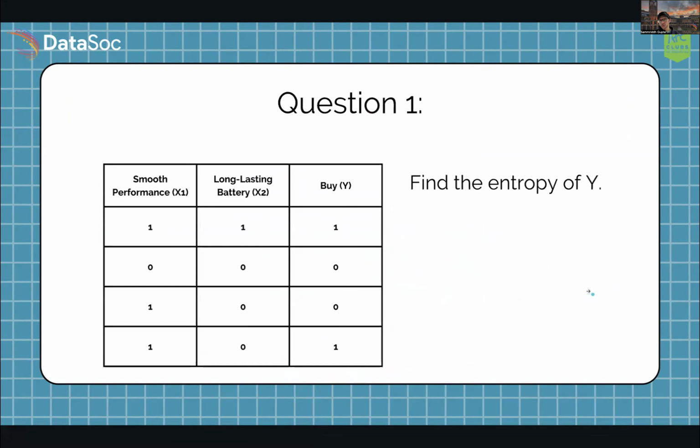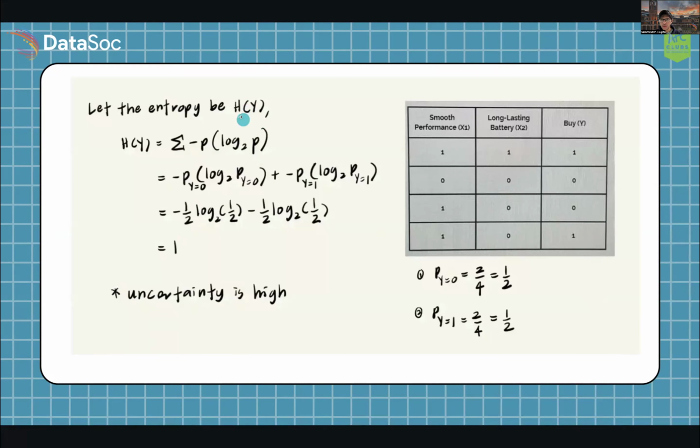So the first question here would be, what if we want to find the entropy of y, right? The entropy is denoted by H, right? So H of y, we apply the formula, which is summation, minus, so this is just a negative symbol, right? The probability multiplied by log to the base 2 of the probability.